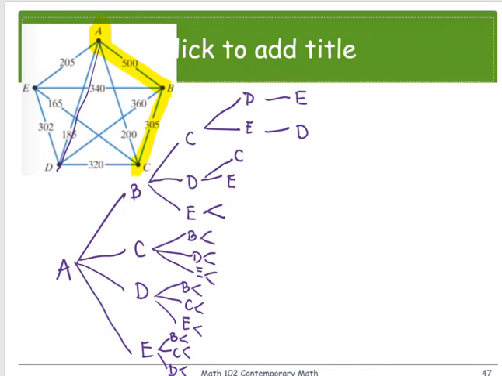After you visit 4 cities, you're going to return to A as the last stop. So you can see the diagram gets larger, but the options get fewer with every city that this person visits.